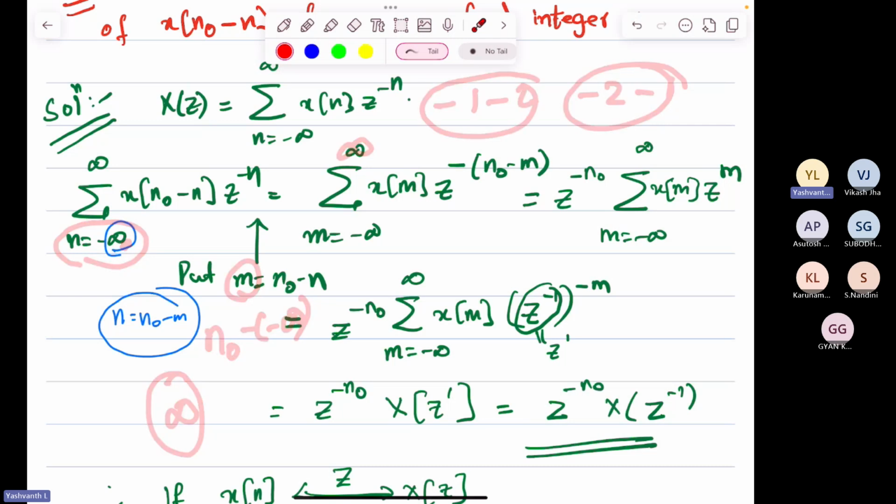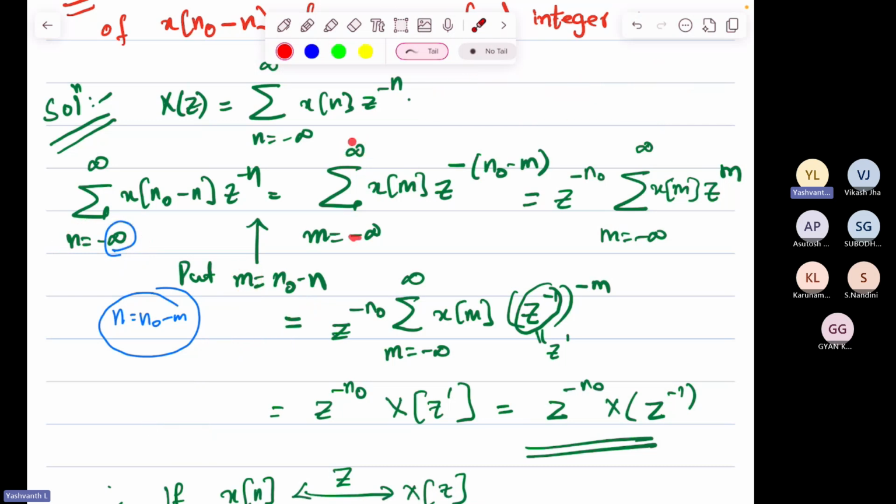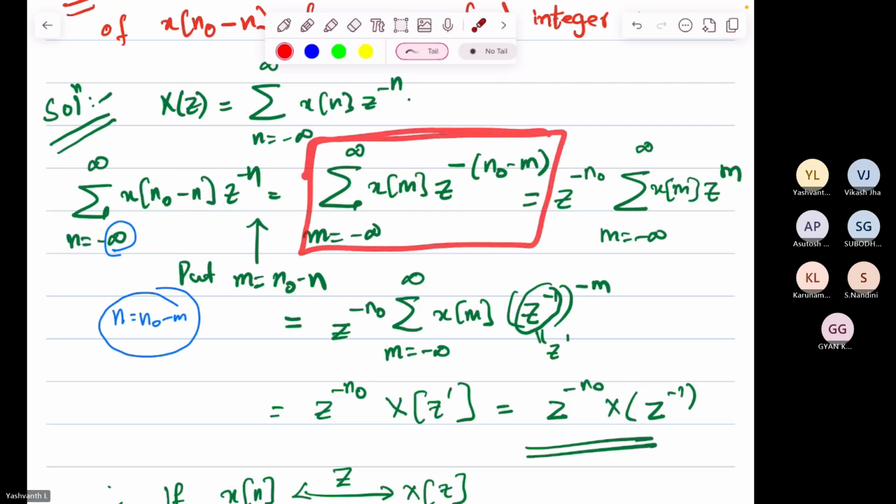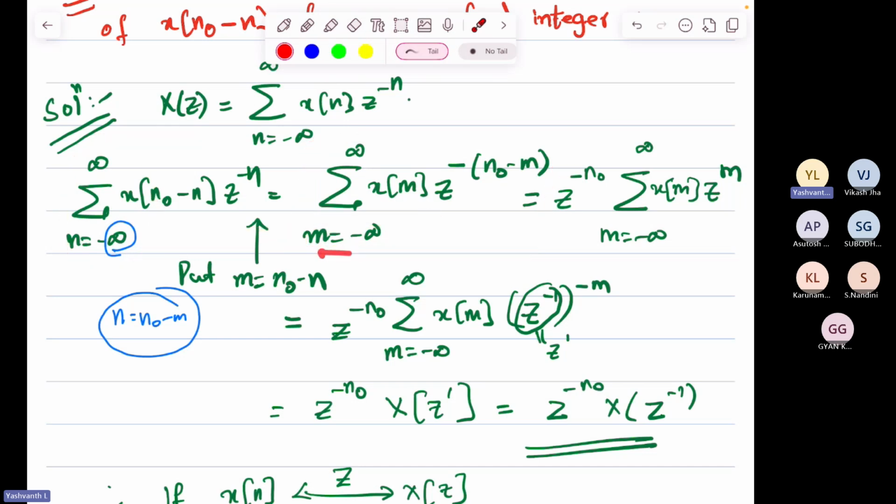Addition is symmetric, so due to the symmetric nature of addition, you can bring minus infinity down to the bottom. Now n naught minus n is m. Is this step clear? How I changed the index from n to m? Is this step clear?